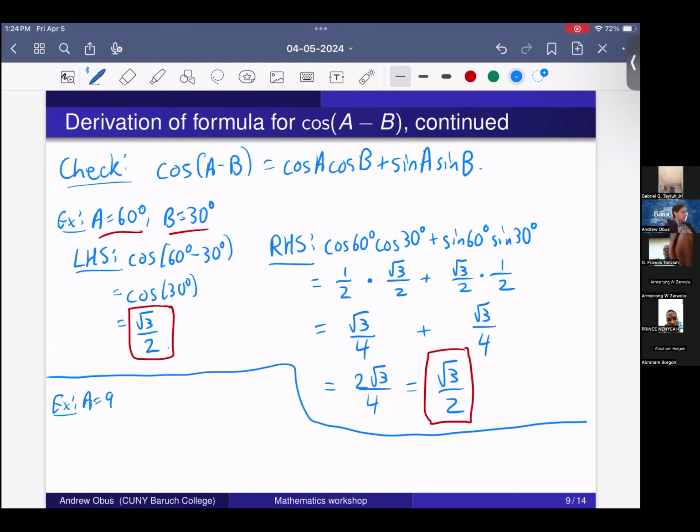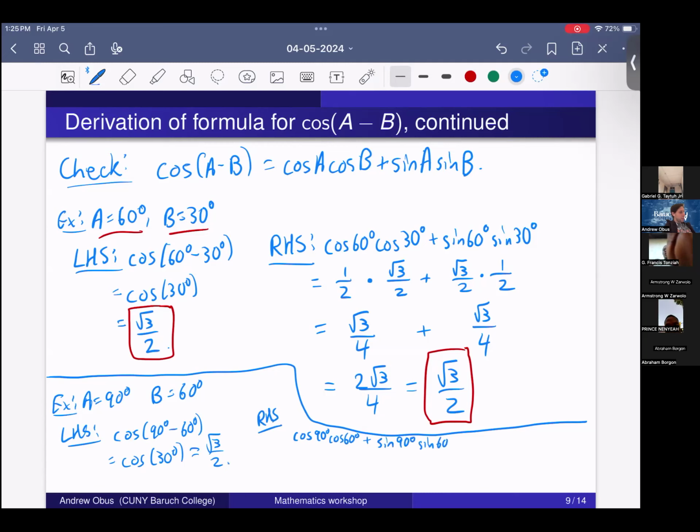Let's say that A is 90 degrees and B is 60 degrees. Okay, so then the left-hand side, again, is going to be cosine of 90 degrees minus 60 degrees, which is cosine of 30 degrees, which is, again, square root of 3 over 2. And then on the right-hand side, we have cosine 90 degrees, cosine 60 degrees, plus sine of 90 degrees, sine of 60 degrees.